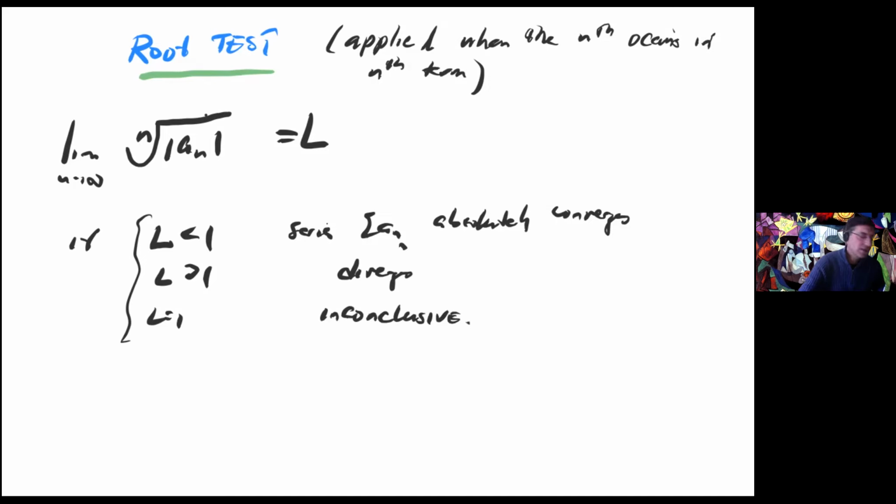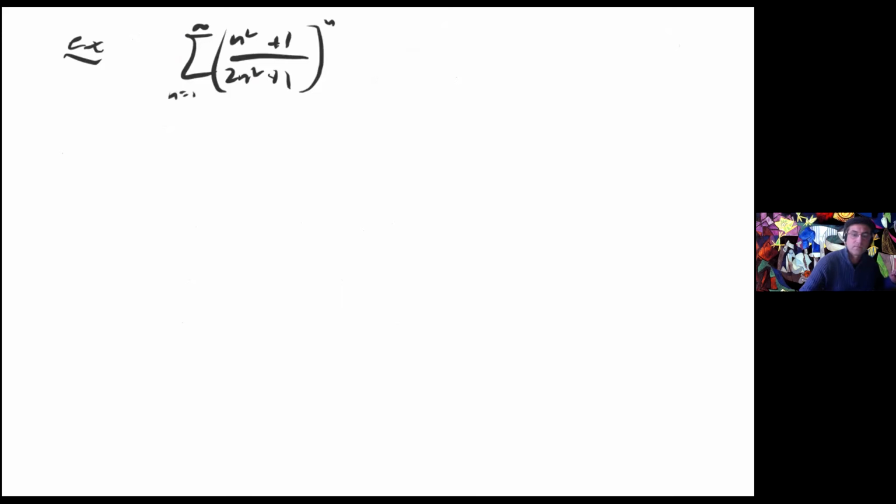Okay, so let's try to apply this in certain situations. Here's an example. How about the sum of (n squared plus 1 over 2n squared plus 1) to the nth power, n goes from 1 to infinity, say. So a sub n is (n squared plus 1 over 2n squared plus 1) to the nth power.